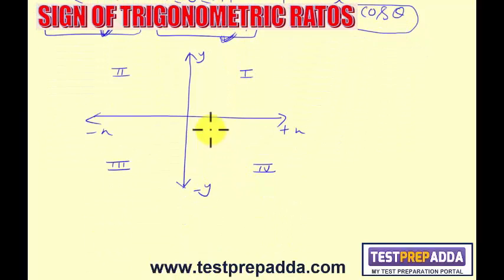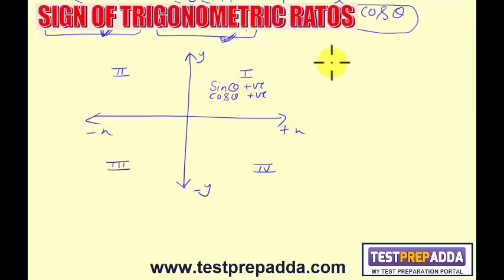Since x and y coordinates are both positive in this first quadrant, sine theta will be positive and cos theta will be positive. In this first quadrant, sine theta and cos theta will be positive.